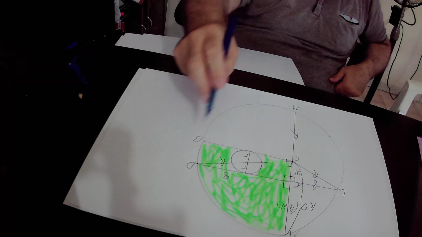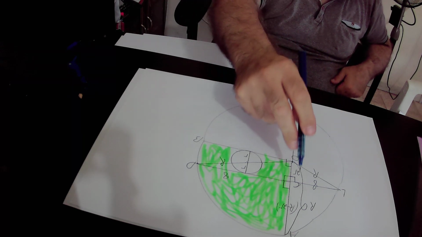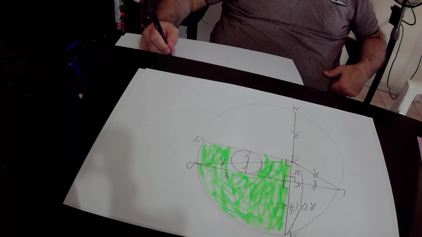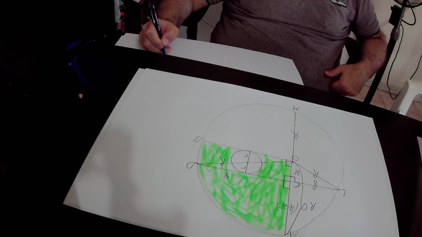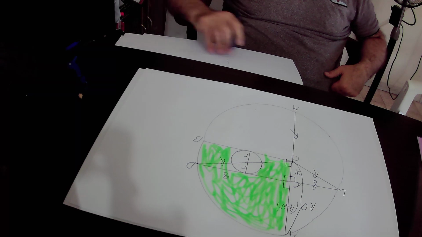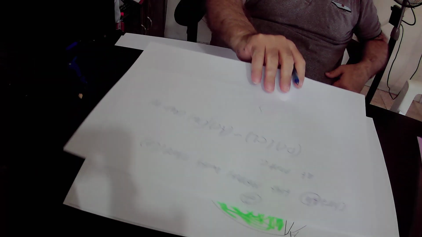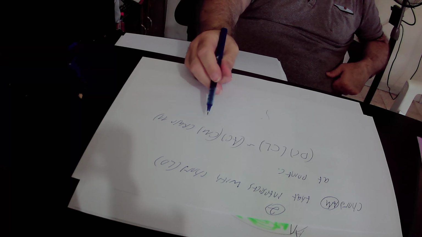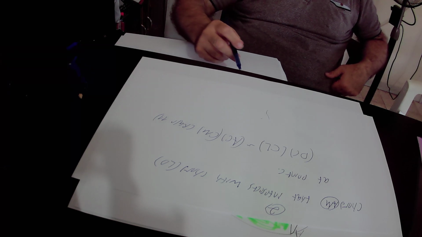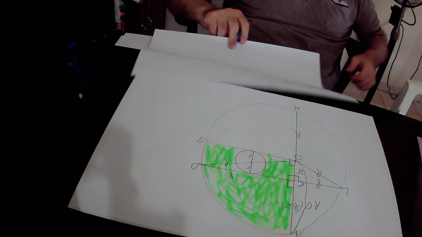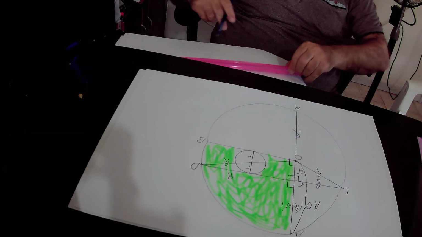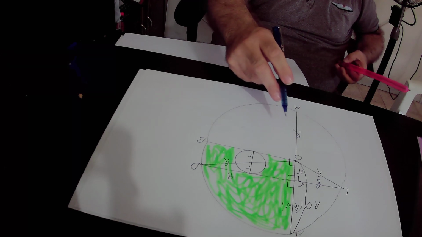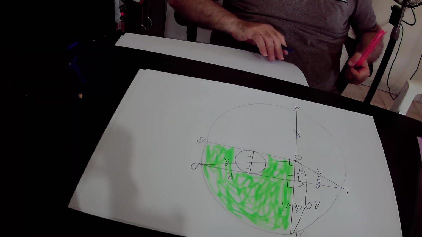Repeat again, DC times CL equals AC times CM. Okay, so here DC equals 8 and CL equals 8 also.